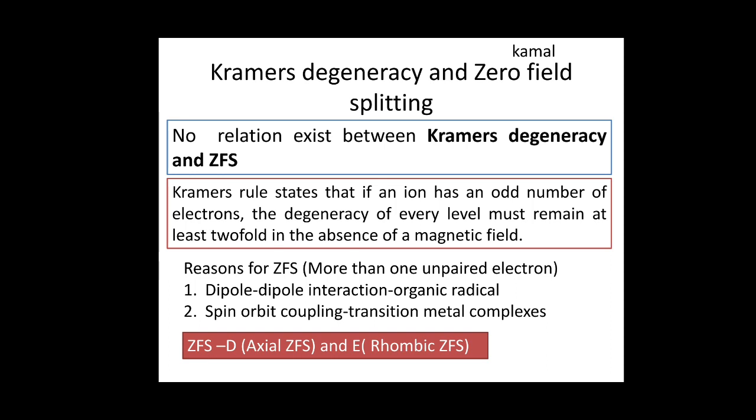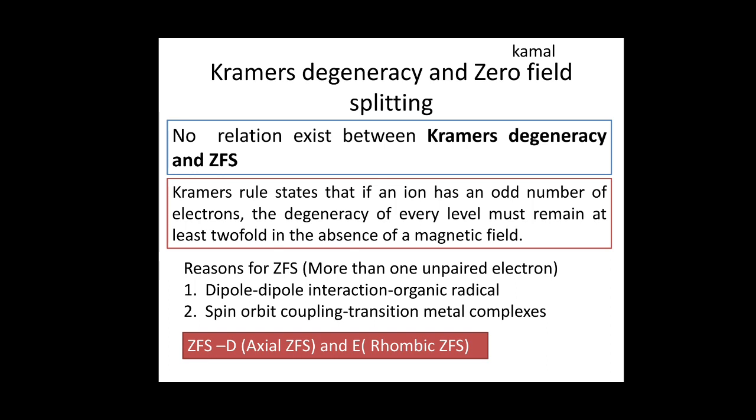Okay, I don't want to cheat you guys. Anyway, one important thing is that you need more than one unpaired electron for zero field splitting. Now, what are the main reasons for zero field splitting?